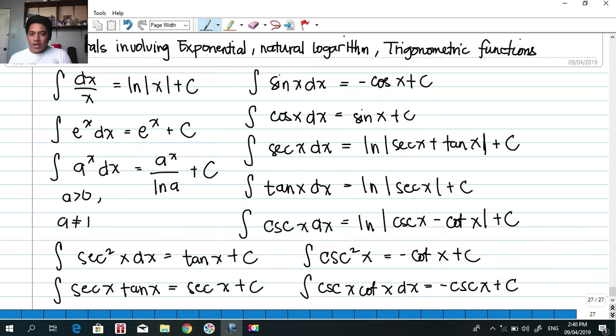So these are the basic formulas of the integrals involving trigonometric functions, as well as the exponential function and natural logarithm. So let's start by solving some problems.